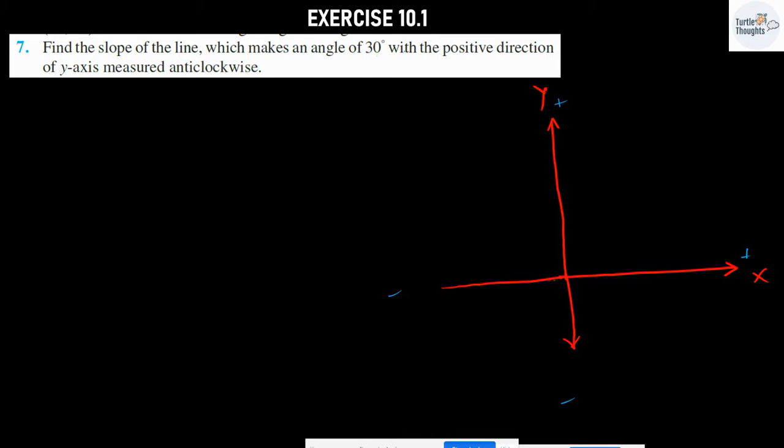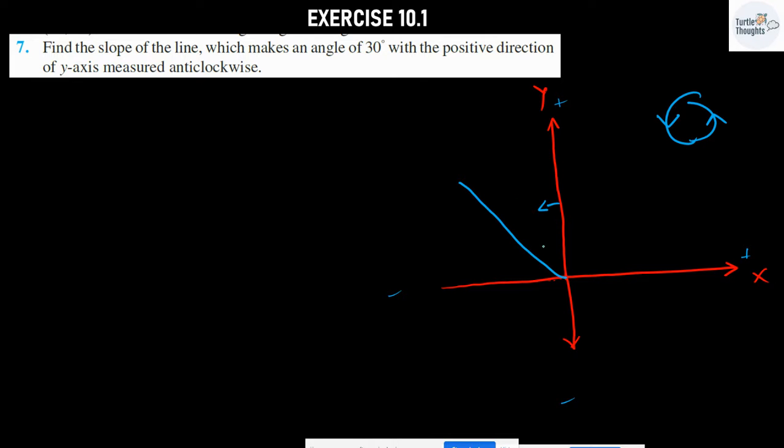So if a line makes 30 degree with positive direction of x-axis measured anti-clockwise, if you take anti-clockwise from the positive direction of x-axis, then you have to take 30 degree.